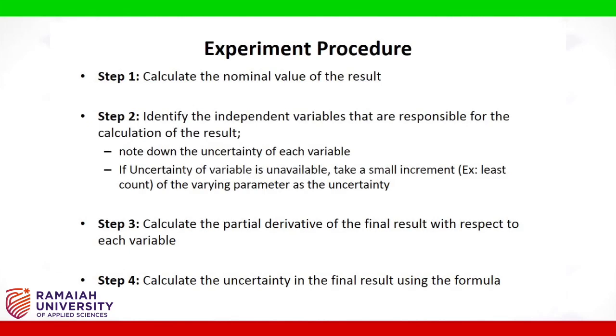The procedure to calculate the uncertainty of a result can be followed through 4 steps. The first step is to calculate the nominal value of the result. The second step is to identify the independent variables that are responsible for the calculation of the result. Also, the uncertainty of each variable is to be noted down.